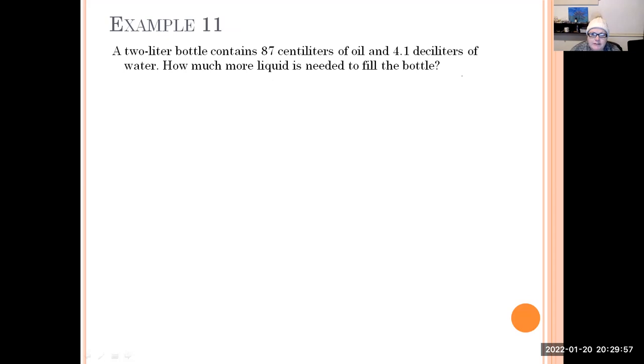All right. So if we have a bottle, and do not laugh at me because I am not an artist, that's really bad, but at this point, I don't care. We've got 87 centiliters of oil. So let's just say that this section right in here is, well, we'd have our water on the bottom, wouldn't we? But okay, we'll just say that that's our oil, and it's taking up 87 centiliters.